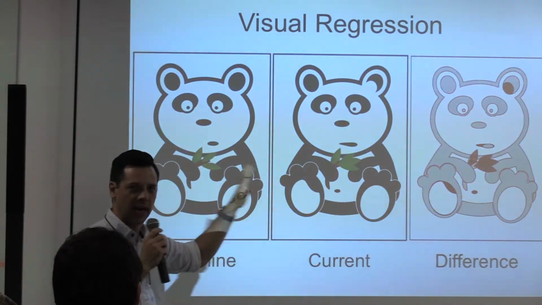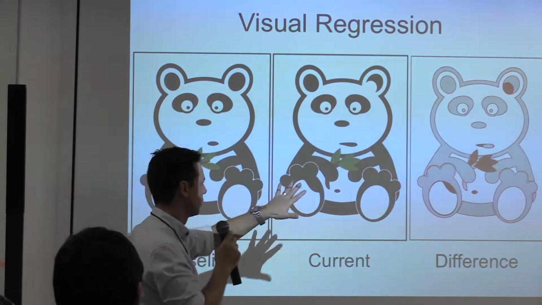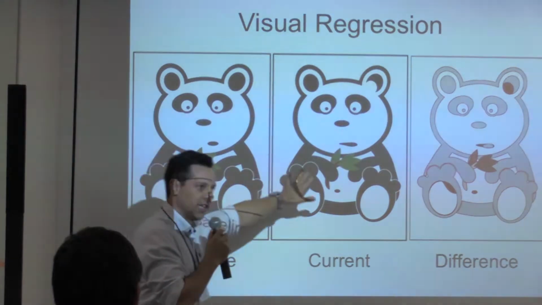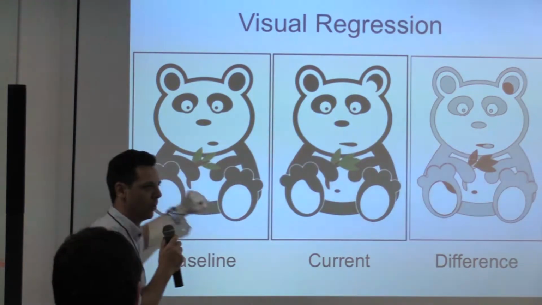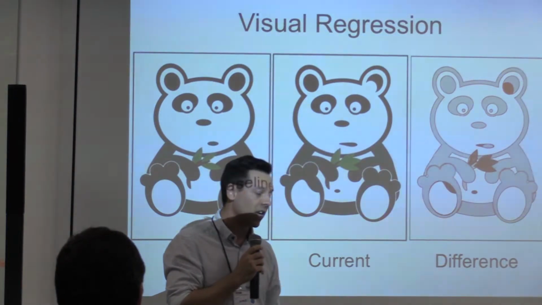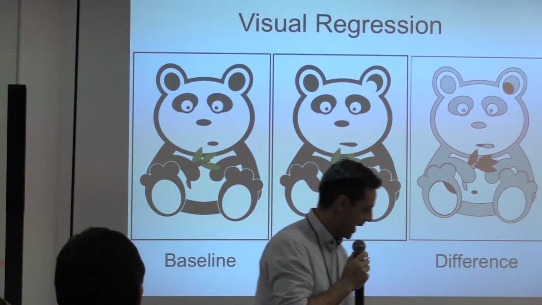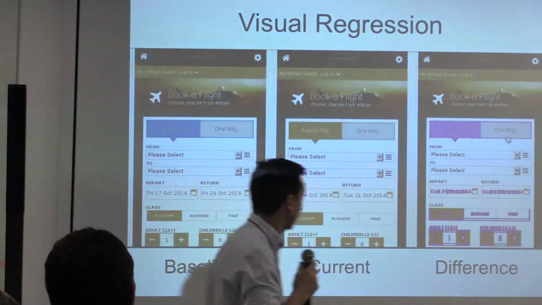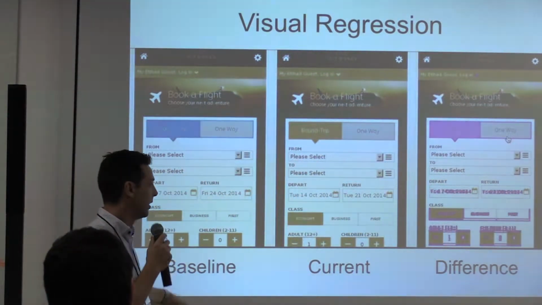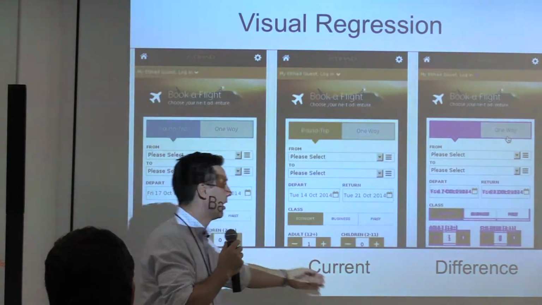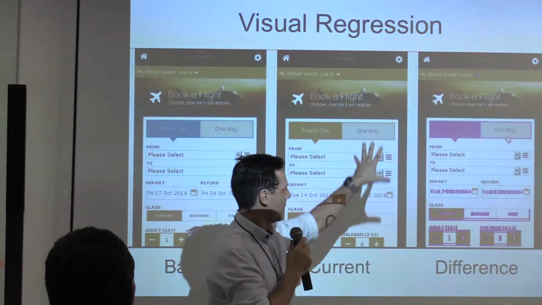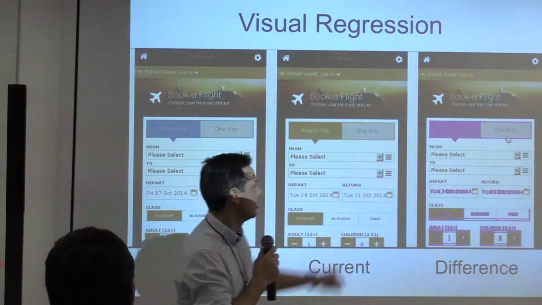This is where us as humans operate, looking at 2 things and saying, yes, this one's the one I want, or no, this is not the one I want. I think it'll become a little bit clearer if we put this into a real-world context. If we take 2 websites, we take this as our baseline, and this is what's currently happening, we can run that through a diff, and quite quickly we can get the hotspots of where it's changed.